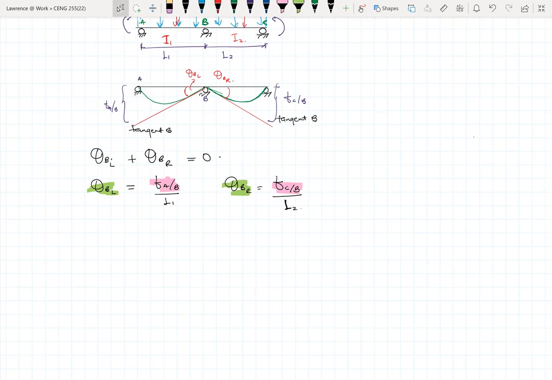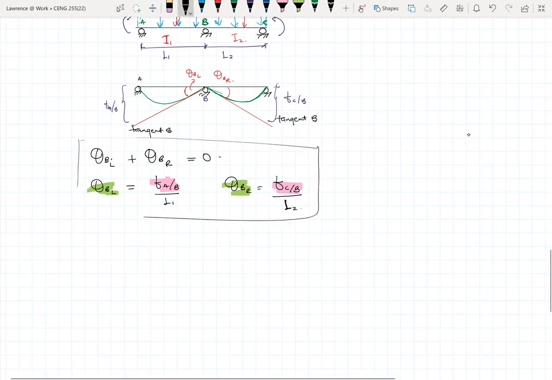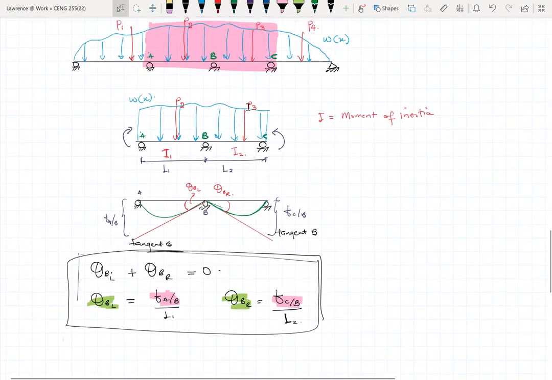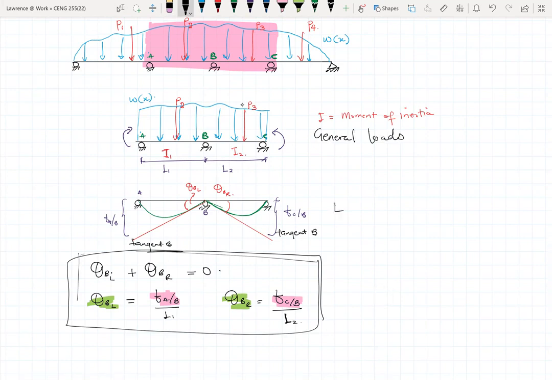We'll come back to this set of equations very soon. Now, if you look at the general loads, there's the elastic curve, or the deflected shape, whichever one you want to go with.